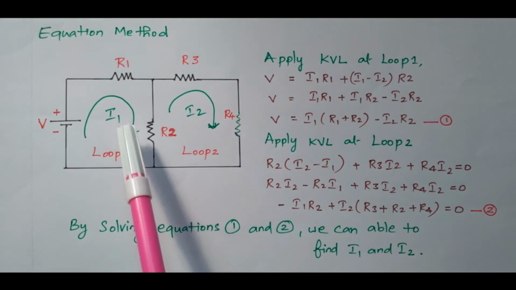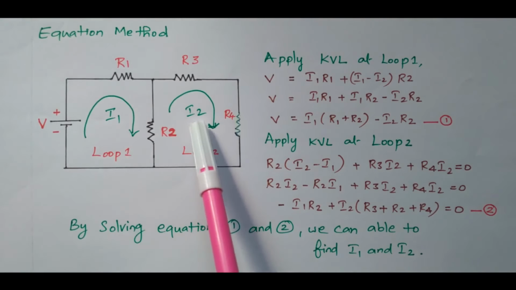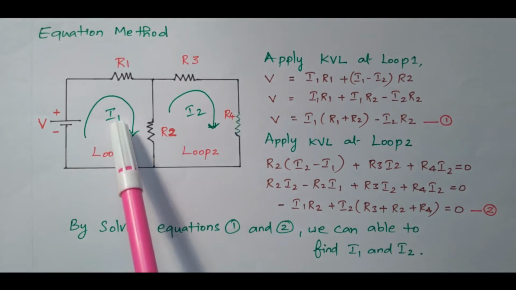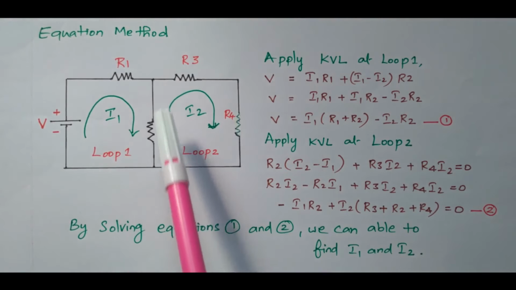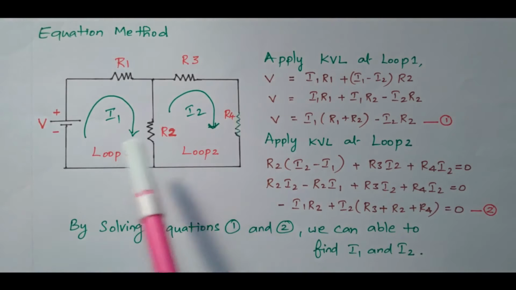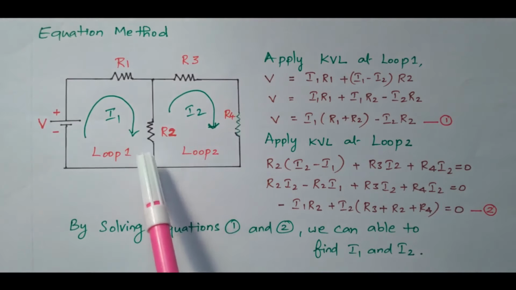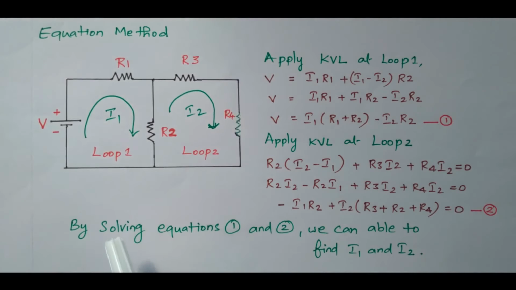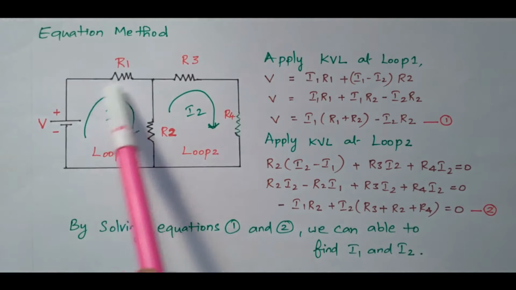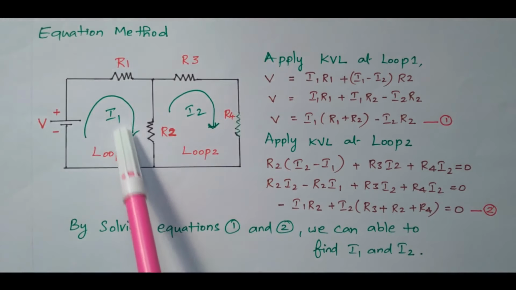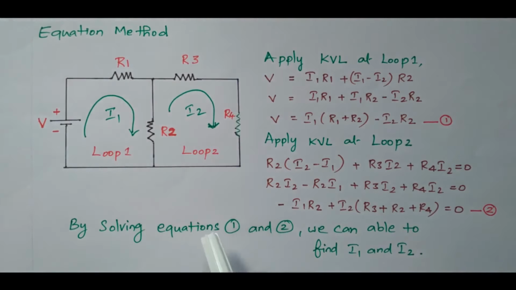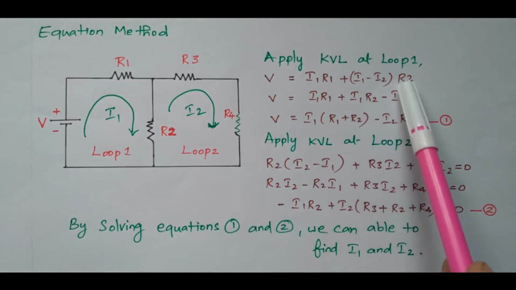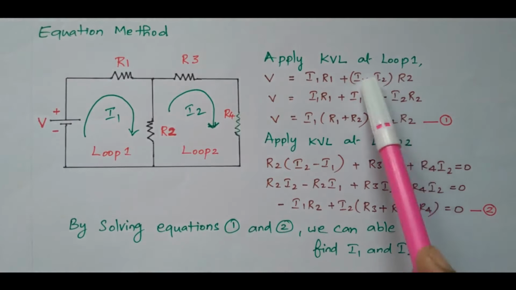So I1 minus I2 is flowing through the resistor R2. Because we consider loop 1, we first take I1 minus I2. So the current flowing through R2 is I1 minus I2, times R2. This is the potential drop across R2.